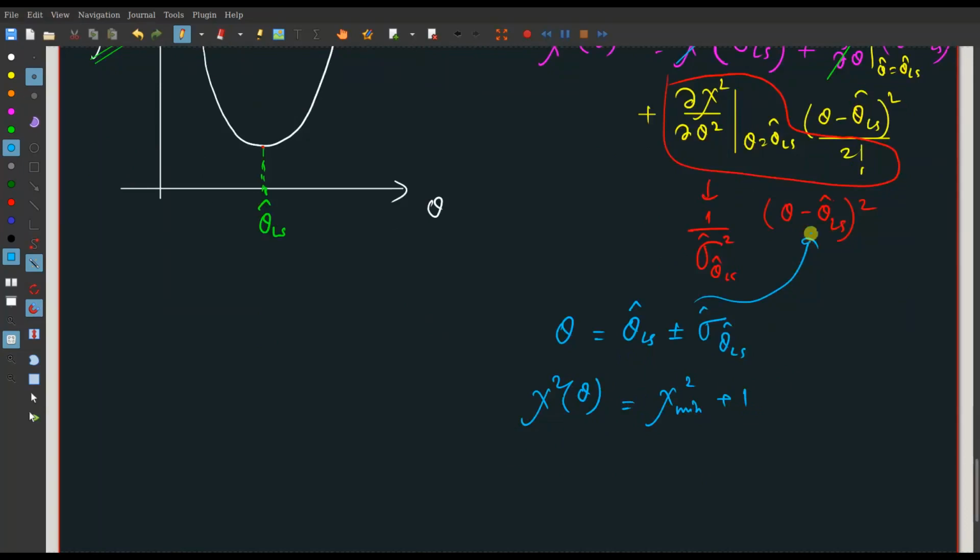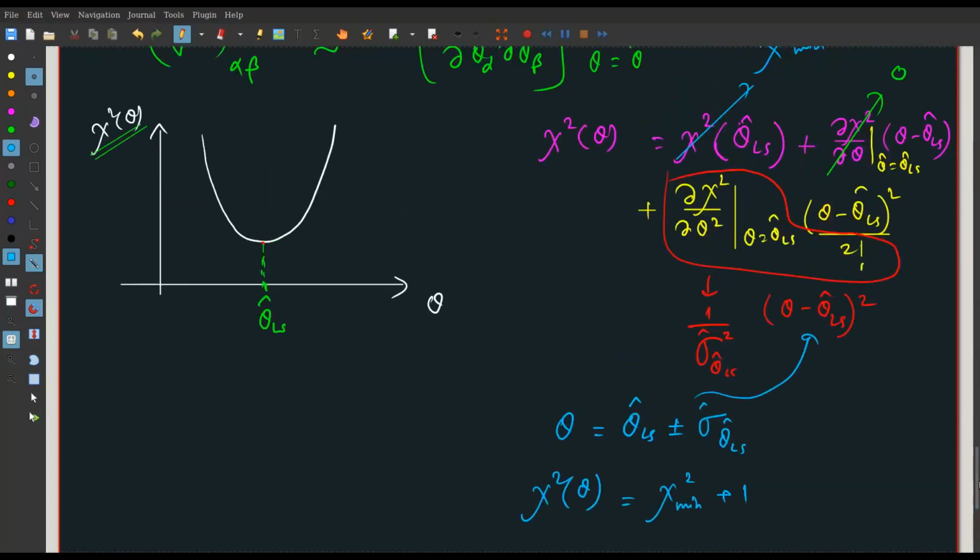So this is from this, right? So if this is your chi-square mean, and you move to a point such that your chi-square mean increases by 1 unit, so this is chi-square mean plus 1, then whatever value of theta that you hit here around this theta LS will be the 1 sigma bound.